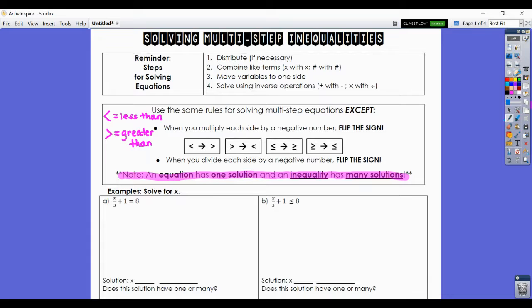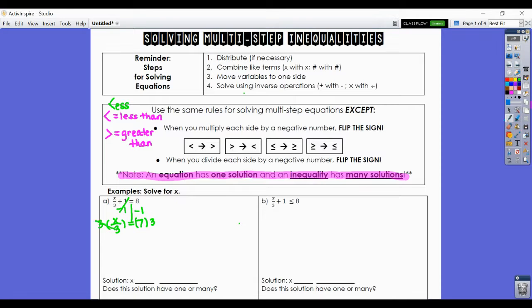Let's go ahead and solve A and B. For example A, go ahead and subtract 1 on each side. That's the only way to move it from the left to the right side. 8 minus 1 is 7, and we're left with x divided by 3. Since it's divided by 3, the only way to undo that is with the opposite operation, which is multiplication.